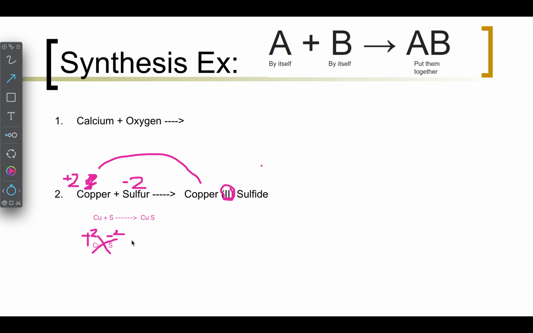This should be really similar to the naming part. We're going to draw a little arrow, and that becomes Cu2S2.